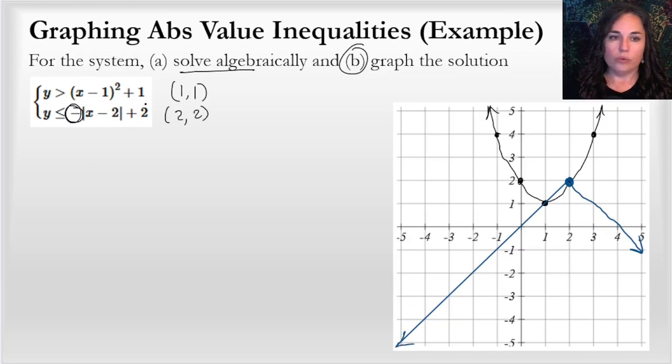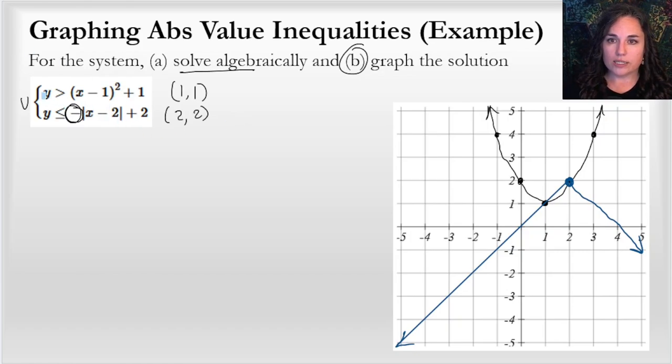And what they're asking for is all values that are greater than the parabola and less than the absolute value. For what part of the domain is the output of the one greater than the output of the other? Okay, so when I look at this, I'm just going to use some highlighter here to highlight it.